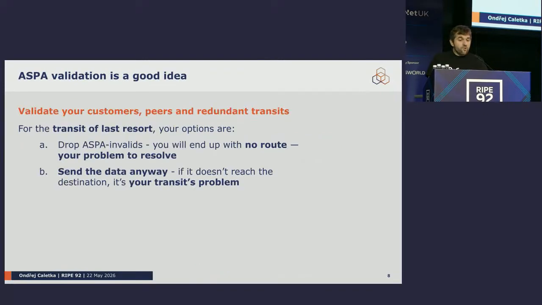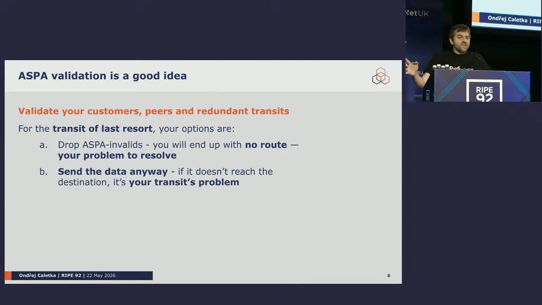Anyway, the point of my talk is that ASPA validation is a good idea. You definitely should validate your customers, your peers, your redundant links, all the links where, if you lose the route, you will find an alternative way. But if you have a transit of last resort and you start dropping ASPA invalids, the two options are these: if you drop them, you end up with no route, and it's your problem to solve because your router is dropping the traffic.